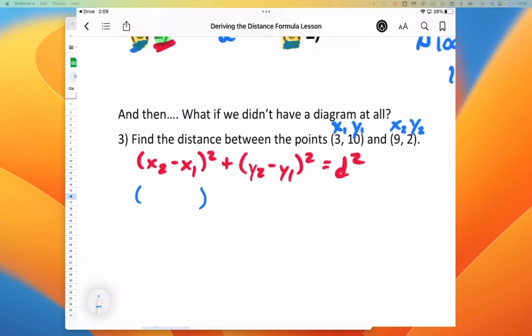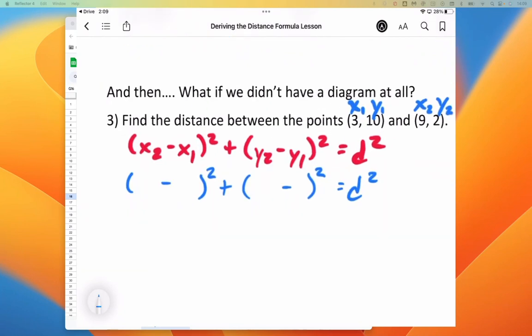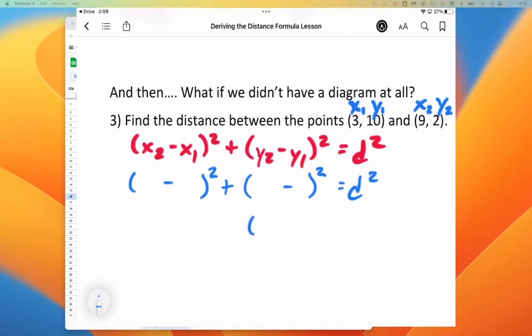Something important about the distance formula, though, that's going to be really helpful to you is if you write everything that is not the x and the y values, especially including that minus sign. Because what's going to happen sometimes is you're going to get a y value, for instance, that's negative.